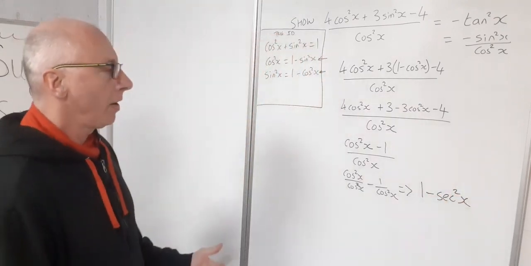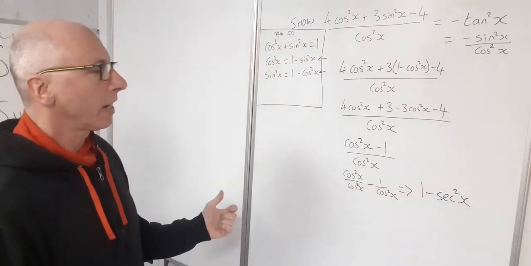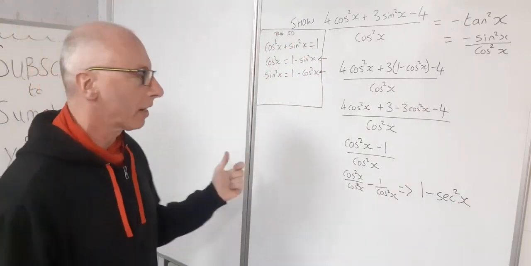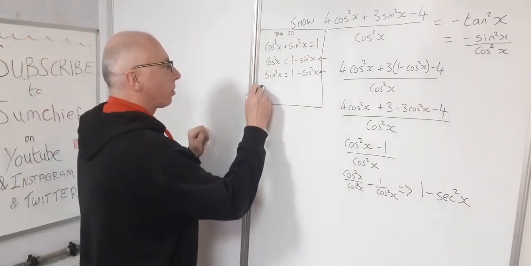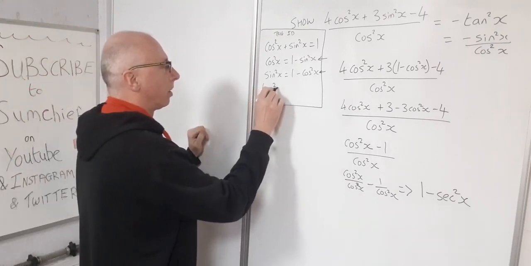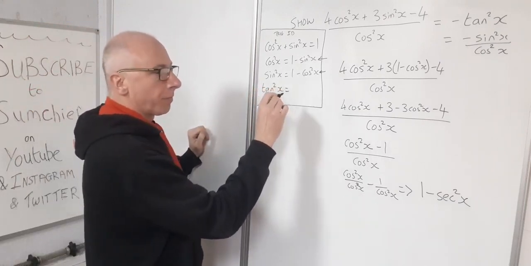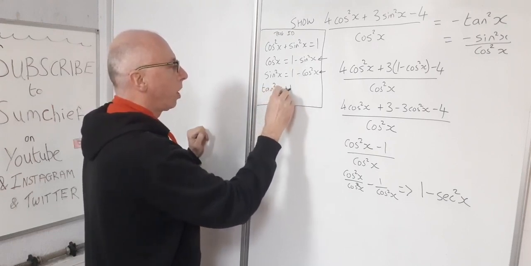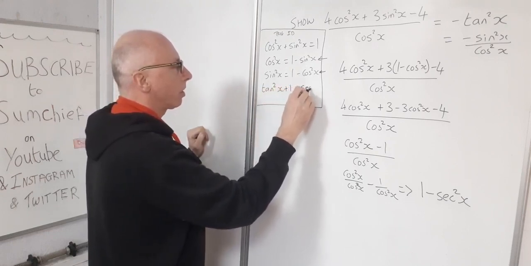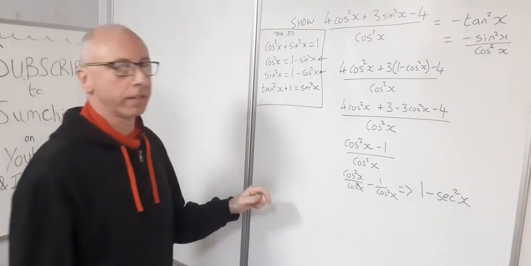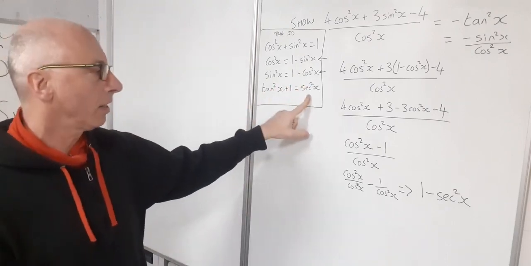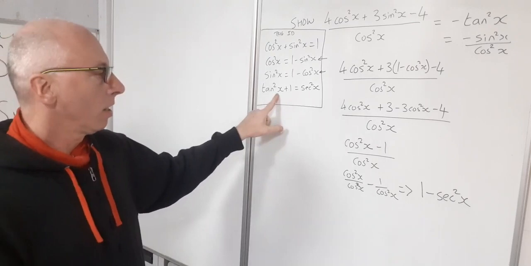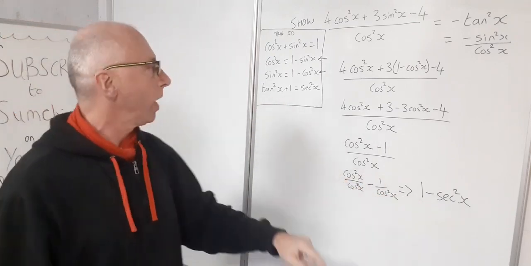Okay, now here we can use another trig identity involving tangent squared x. So tangent squared x plus 1 equals secant squared of x. So that's another trig identity. Now here we've got 1 minus secant squared x.